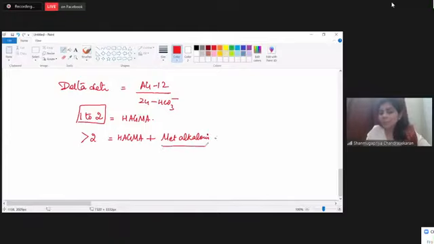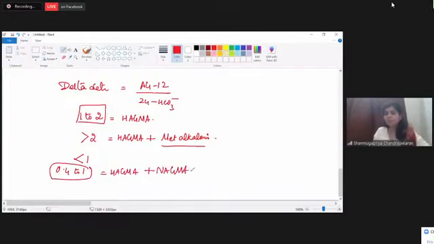This you have to find out. If it's present, you have to find it because the management would differ. And if the value is between 0.4 and 1, it's not just a high anion gap metabolic acidosis, there is a coexisting normal anion gap metabolic acidosis. Clear?